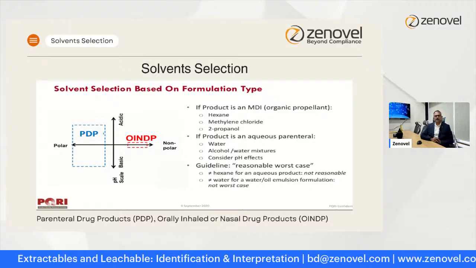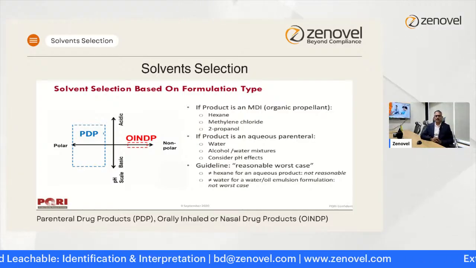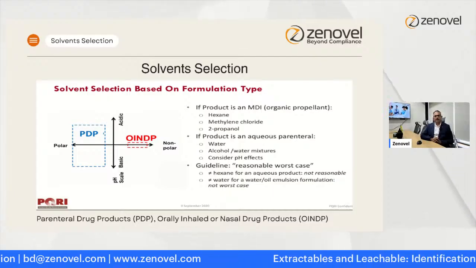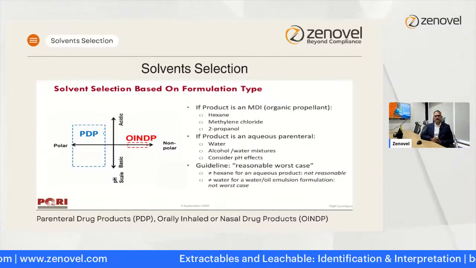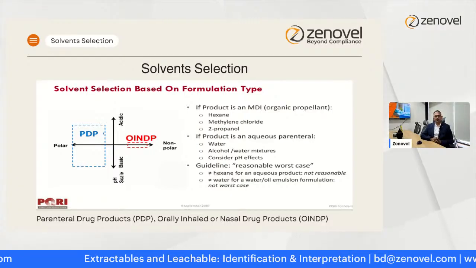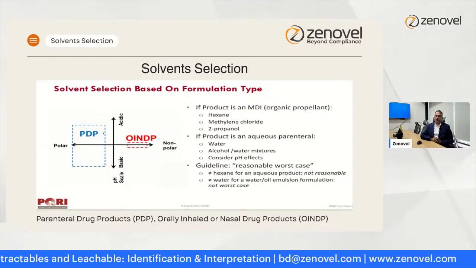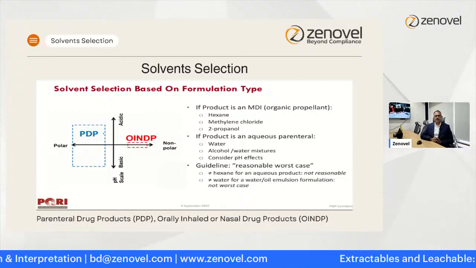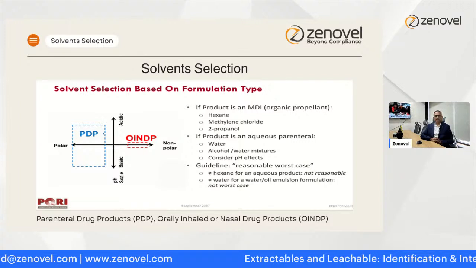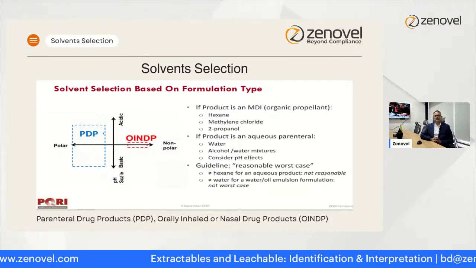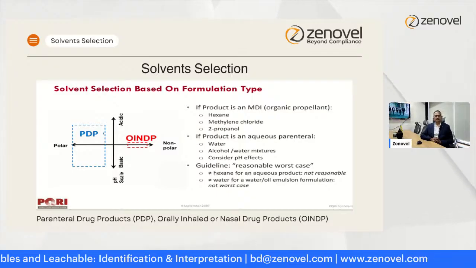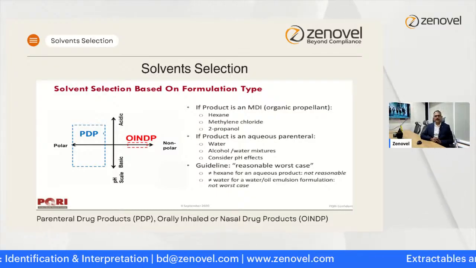If the product is an organic propellant, then the solvent selection should be on the non-polar side: hexane, methylene chloride, and 2-propanol. If the product is an aqueous parenteral, then we have to choose a solvent which is more on the polar side. So, we can take water or a combination of water with alcohol, and we can also use some pH conditions to extract as many extractables as we can.